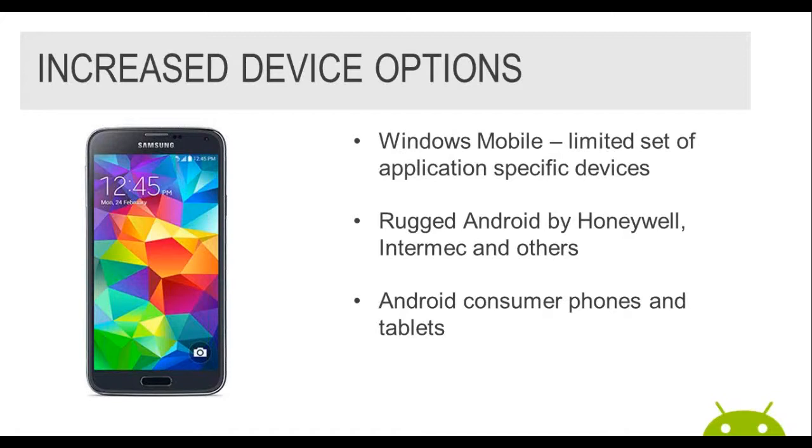This creates a ton of options for companies that want to utilize an existing set of phones that they've issued to their employees, or if they want to look at utilizing a tablet, so that you've got a lot more screen real estate, different things you can do with that. Those options are really available now.